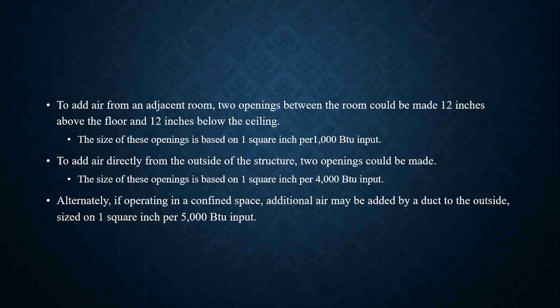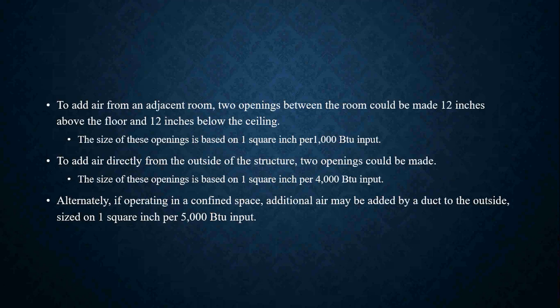Could be made 12 inches above the floor and 12 inches below the ceiling. The size of these openings is based on 1 square inch per 1,000 BTU input of the appliances being used.